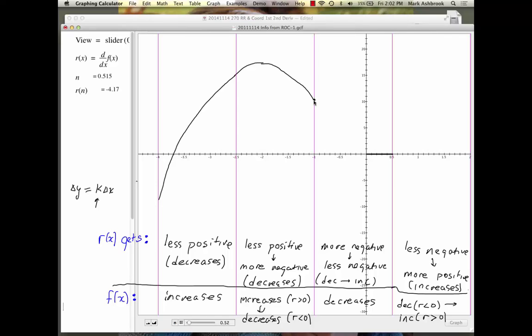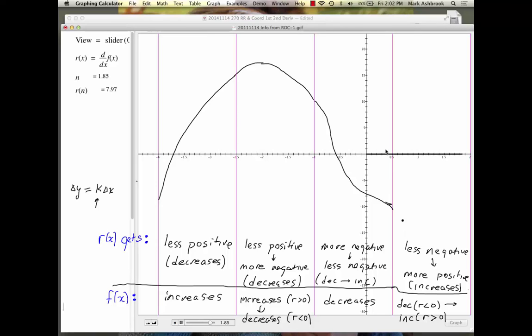But first it's going to decrease more and more. But then at some point, the rate of change will be increasing, getting less negative, right? Getting less negative.